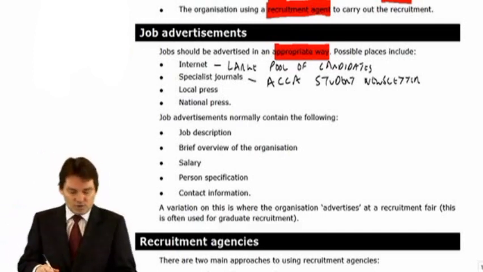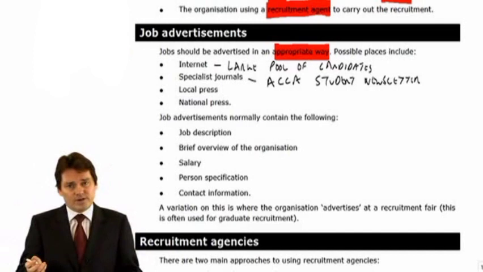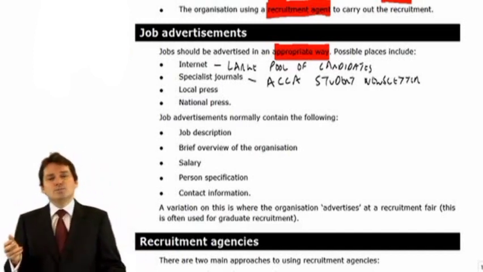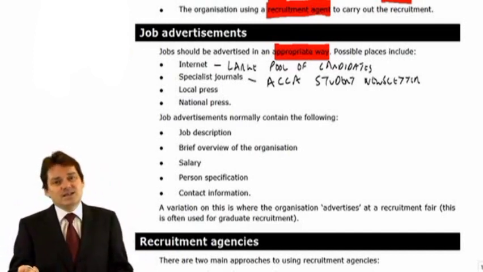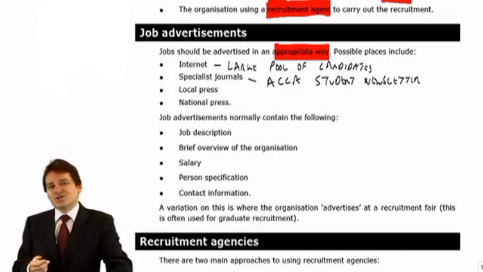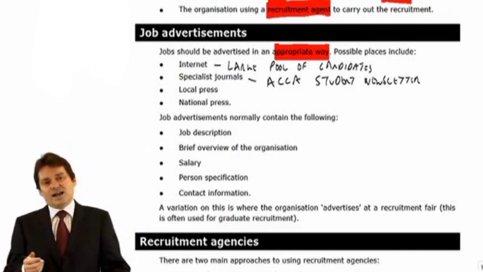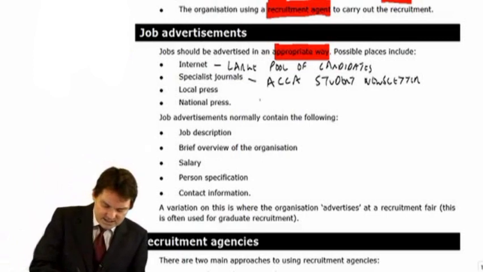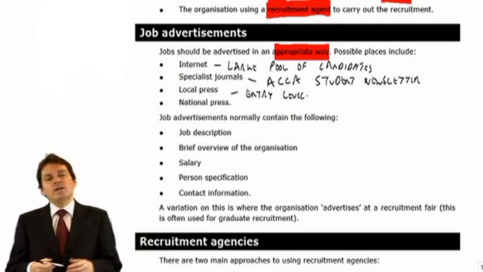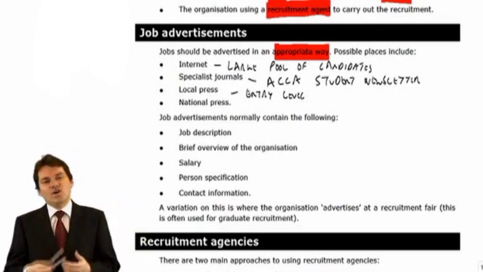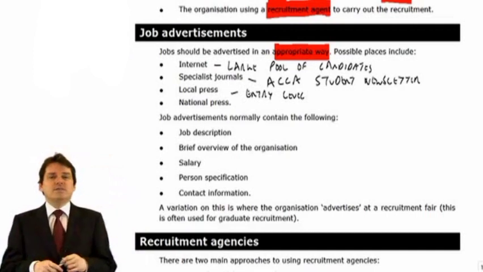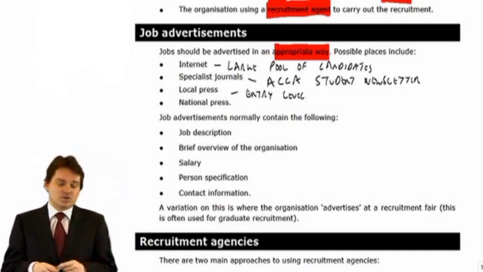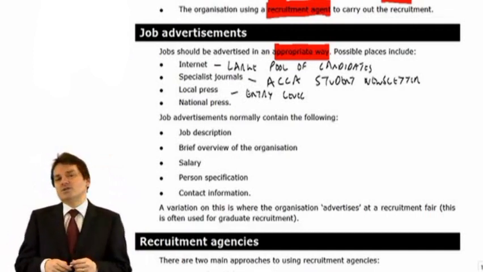The third option we've got is the local press. So perhaps a newspaper that's based in a particular city, or even in a large city, perhaps a particular part of that city. Again, these are particularly good for entry-level jobs. The kind of junior positions that somebody has when they first come in to a particular industry, when they have very little experience. Why is the local press good?